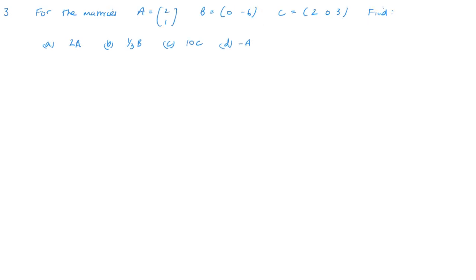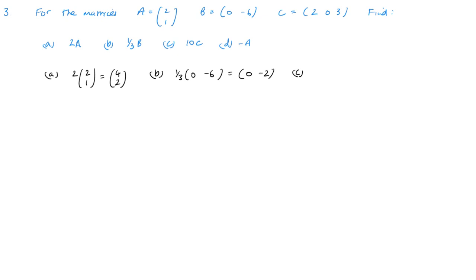And finally, question 3. Part A is 2A, so 2 times that, so we've got 4 and 2. B is 1/3, 0 minus 6, so it's 0 minus 2.